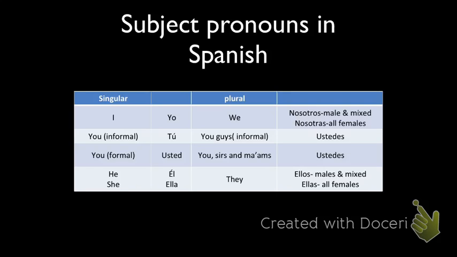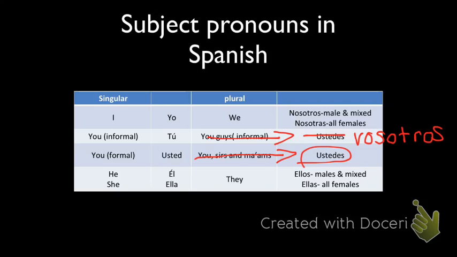Now, in Spain, they do differentiate. The plural of tú is vosotros. And in Spain, the plural of usted is ustedes.